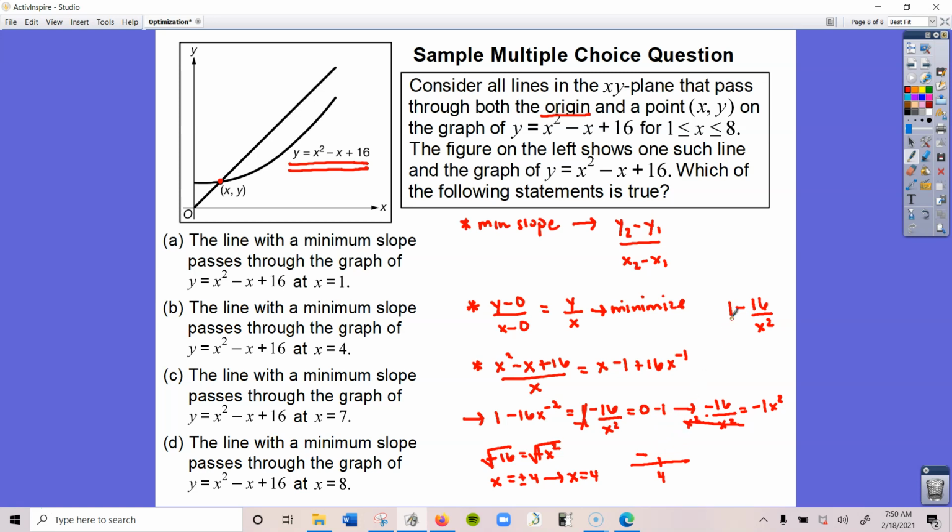And if I plug in 5, I would get 1 minus 16 over 25, which is a fraction less than 1. So 1 minus something less than 1 would give me a positive. So this is indeed a minimum. So here I'd look for where it goes. Here you have all your x values, and the one that we got was 4. So the correct answer is B. And that's optimization.